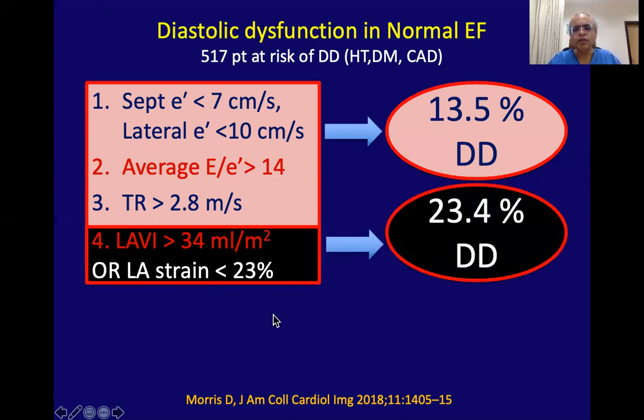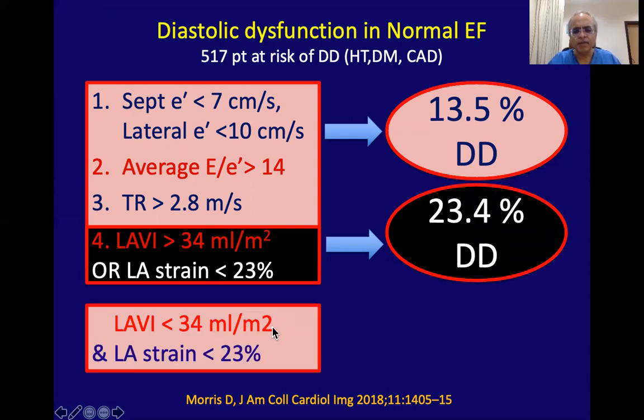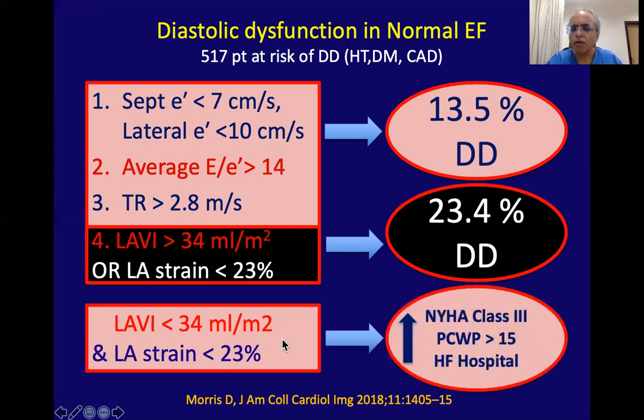Moreover, they find that those patients with LA volume less than 34 ml per meter square but LA strain less than 23% also show on follow-up higher incidence of heart failure hospitalization and raised filling pressure, suggesting that the LA strain drops much before the LA dilatation.